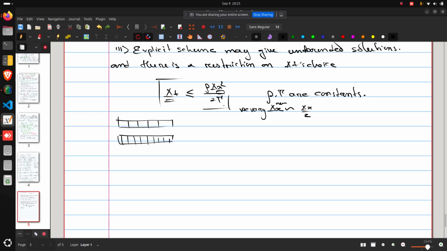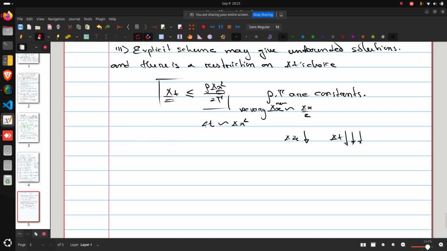If delta x is reduced by 2, then delta t will have to be reduced by 4, because delta t scales as delta x squared. So if we reduce delta x by some value, delta t will have to be reduced more. That is another characteristic we have extracted from this limit.